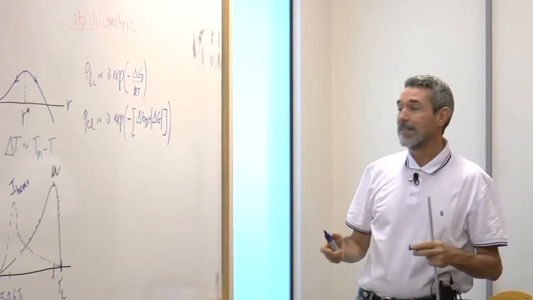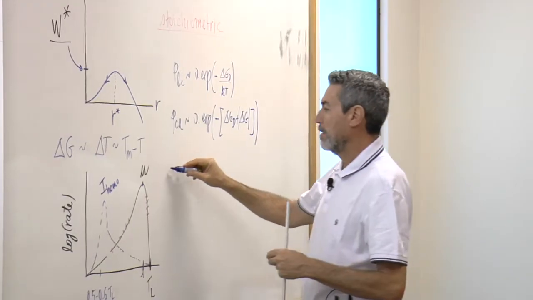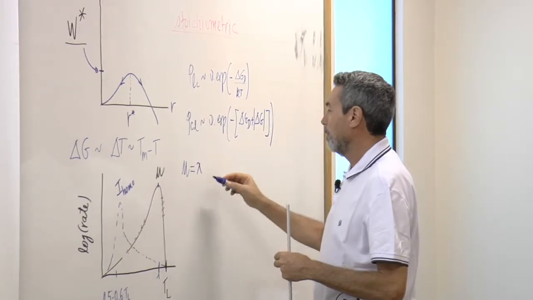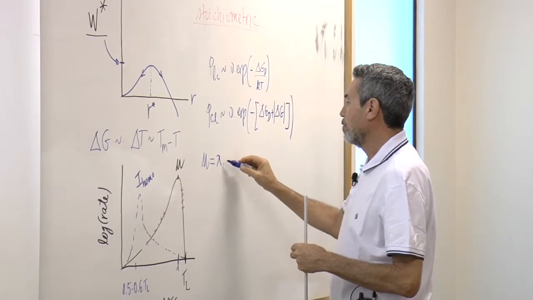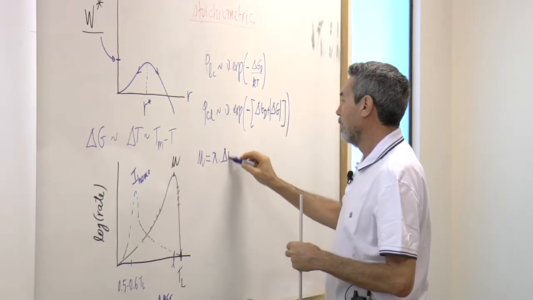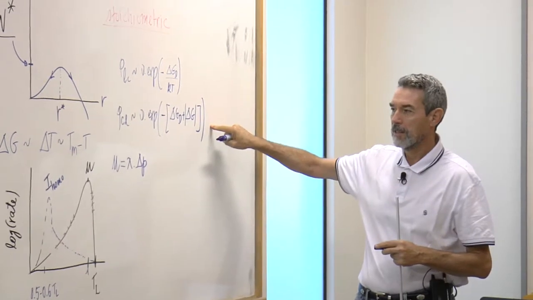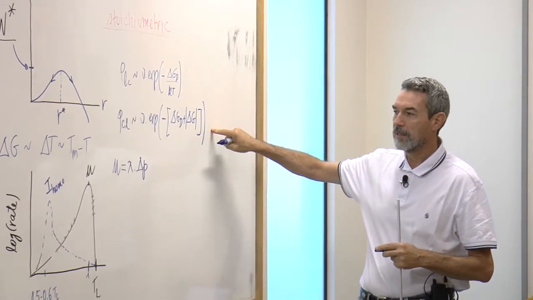So the net growth rate is just lambda, the jump distance, times this difference in probability, this minus this. This is the growth rate.